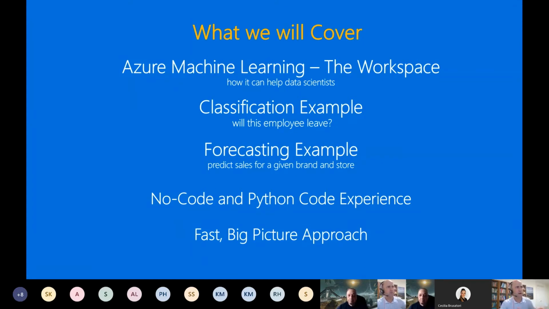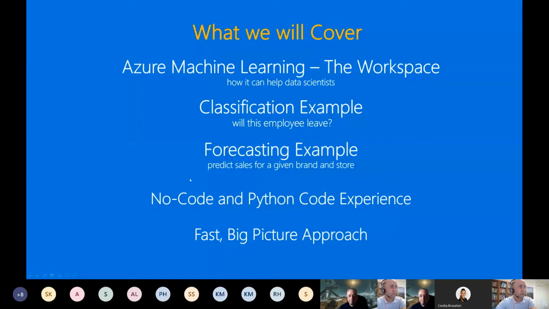So, employee profile, whether or not that employee left to go work in another company, and I'm going to show you a forecasting example as well. So orange juice sales broken down by brand and store. And we're going to look at this in the context of Azure Machine Learning.